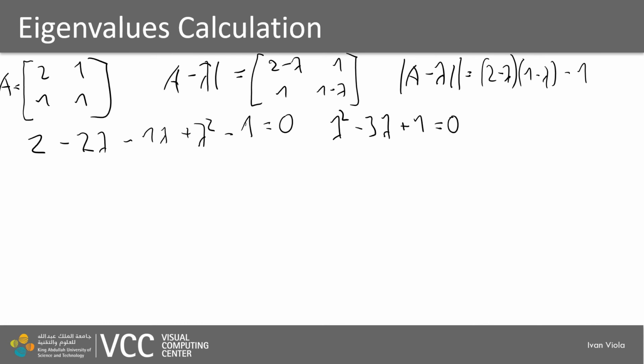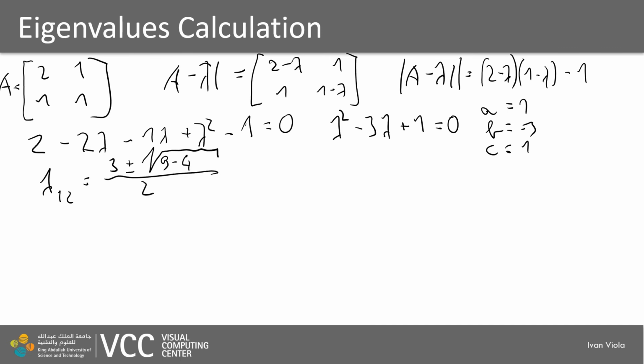So A is equal to 1, B is equal to minus 3, and C is equal to 1 in our quadratic equation. So if we calculate lambda 1, 2 is equal to 3 plus minus square root of b squared, 9 minus 4ac, minus 4, divided by 2a, divided by 2.